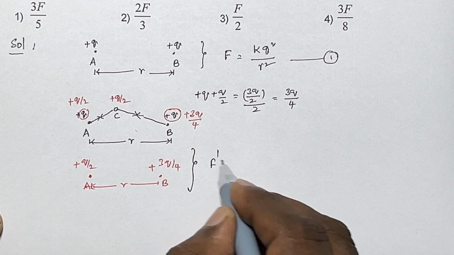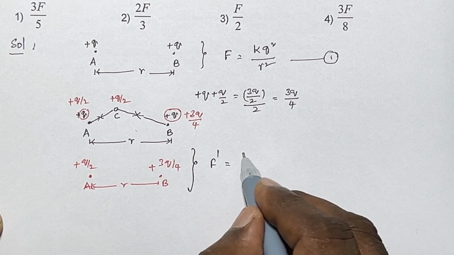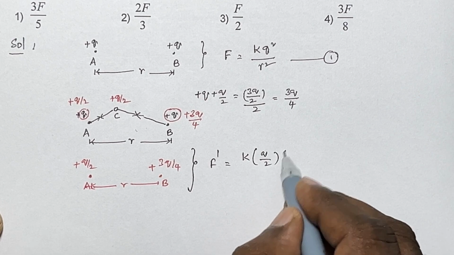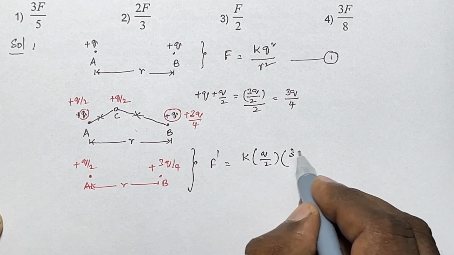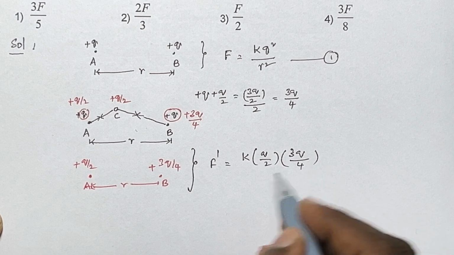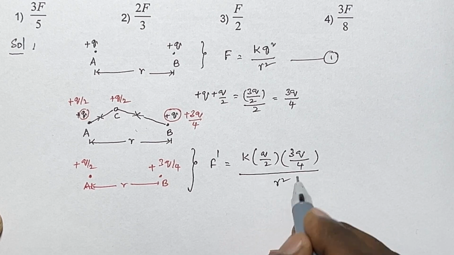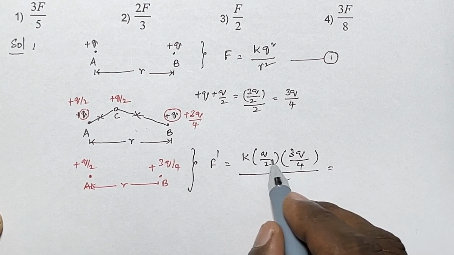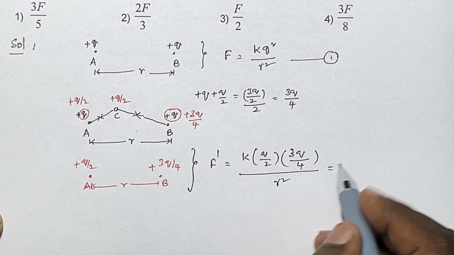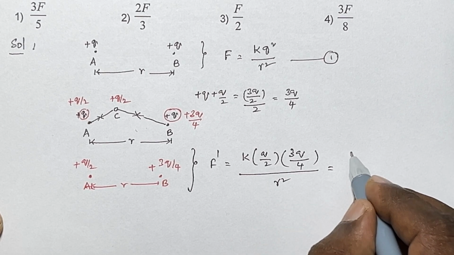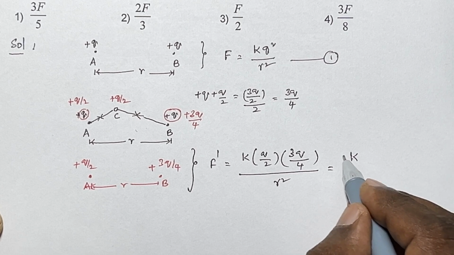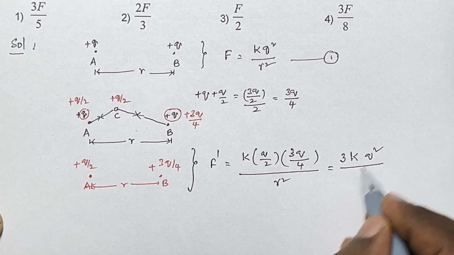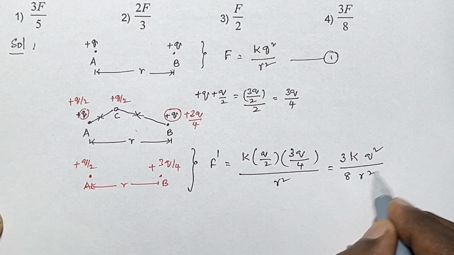F dash is equal to K, Q1 Q2, that is Q by 2 times 3Q by 4, divided by R square. So that is equal to 3, 4 2s are 8. So K, before that I will write 3 Q square by 8 R square.